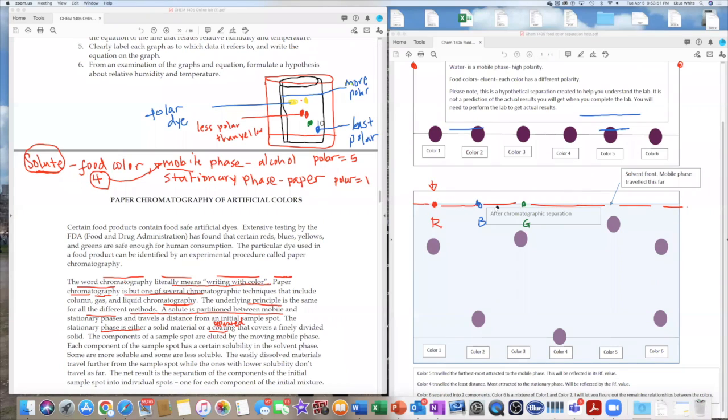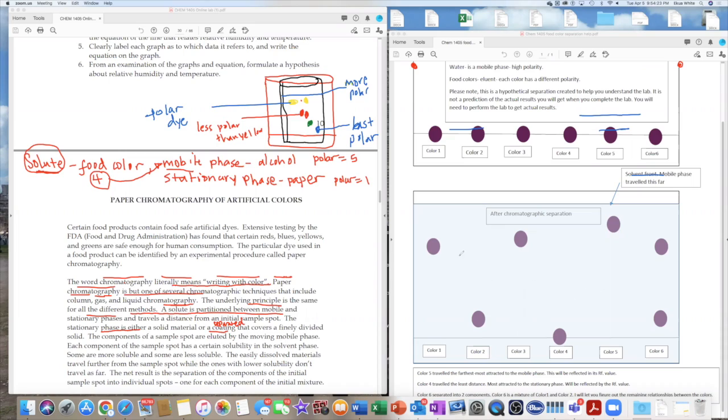As I mentioned before, I try to shade this area and make it look blue so that you can recognize that this area here is called the solvent front. This is where the solvent traveled to, right? When you put the piece of paper in the water, the solvent traveled this far. So it's called a solvent front, okay? The mobile phase traveled this far.